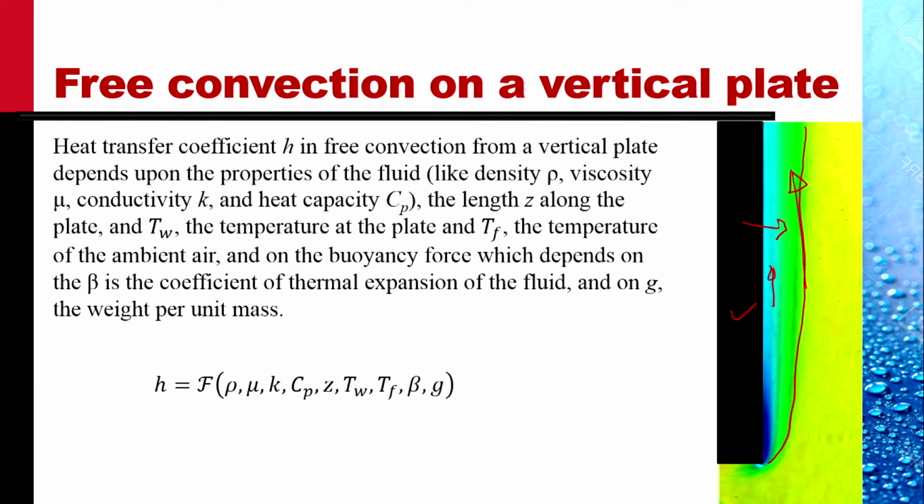So h can be written in this functional form. It depends upon the properties of the fluid, this again is the property of the fluid, the two temperatures, the length of the plate in the z direction, and g, the acceleration due to gravity.